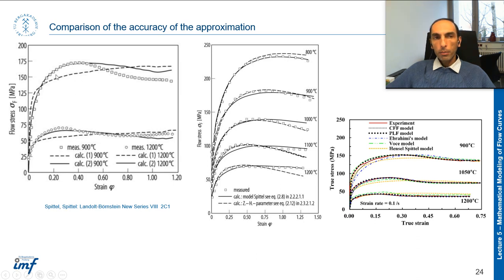In Hansel-Spittel, I can say it's just modeling the hardening in some way, and the modeling of the softening is not strong. However, here you can see the Voce model, where softening and dynamic recrystallization are considered. The red line is the experiment, so it's a good match between the Voce model and the experiment.